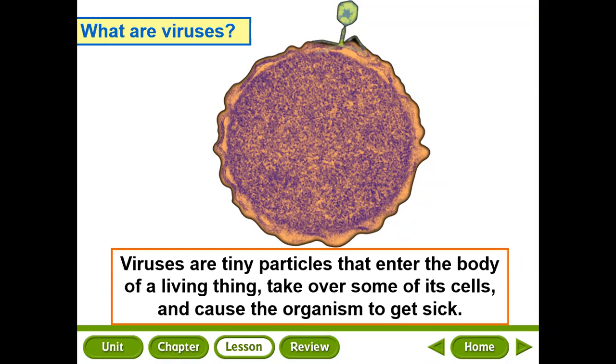Now, what does the virus do when it enters inside a cell? It attaches itself to a cell, and it takes control of the cell and gives instructions to the cell to produce more viruses.